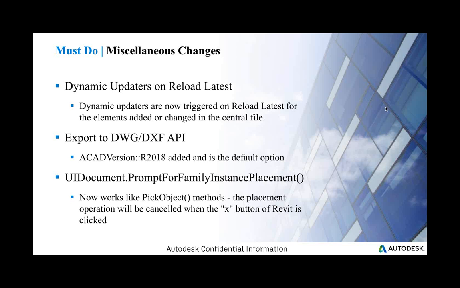The version number, the default option for the AutoCAD export, has been updated to R2018. And the prompt for family instance placement method now works like the pick object methods. So that means that the placement option is cancelled if Revit itself is shut down.